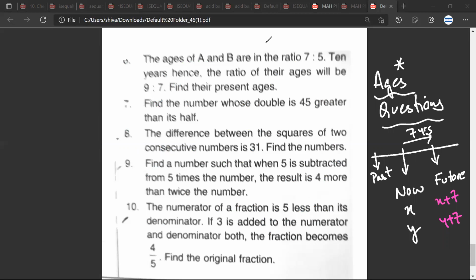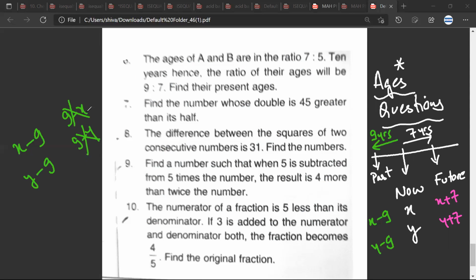And if I wanted the age, let us assume, 9 years ago, what will be the age? x minus 9 and y minus 9. Don't make the mistake of writing 9 minus x and 9 minus y. Have you understood? Yes, sir.